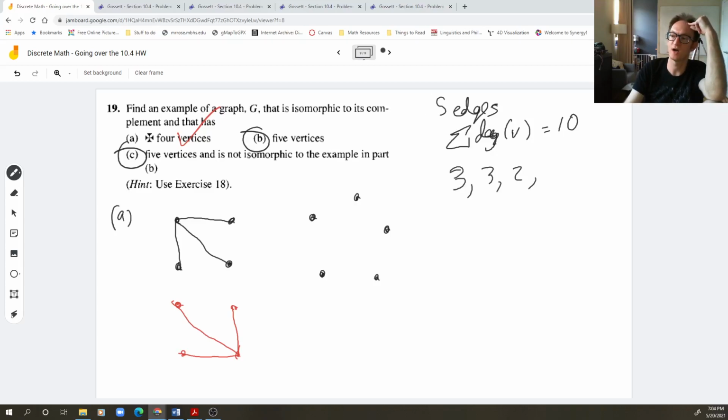Because I need it to be symmetric. So maybe I do want 4, 3, 2, 1, 0. Ah, that's going to work, right? Because then the reverse will be 4, 3, 2, 1, 0. Okay, so that tells me what I need to do. 1, 2, 3, 4, and 3, and then automatically this is 2 and 1.